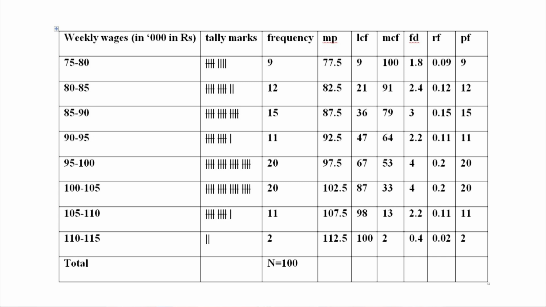Once all the observations are tally marked, count the number of tally marks and enter them in the third column called as frequency.